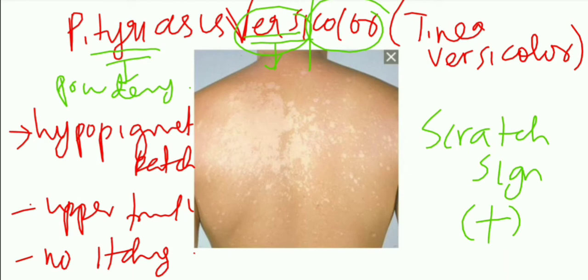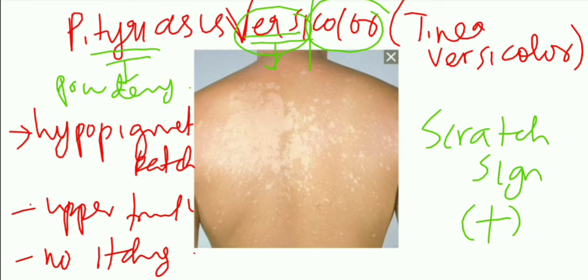That means after birth, at some point of time when we get this infection, the skin in that region gets hypopigmented. Mostly it is hypopigmented, but it can have even hyperpigmented, erythematous, pink, brown, every color.